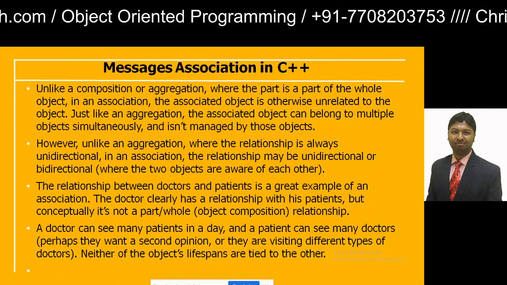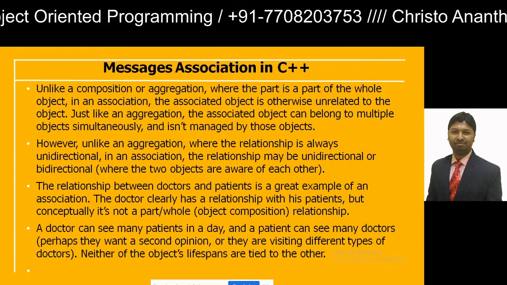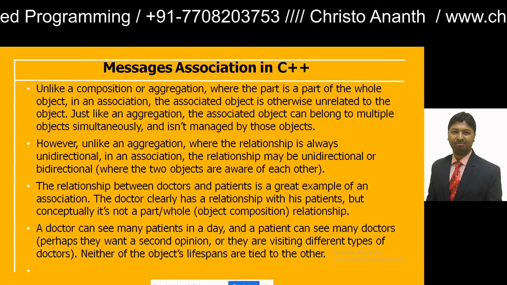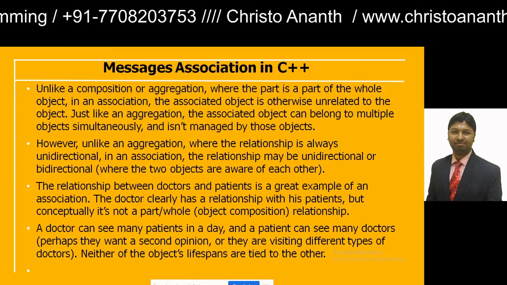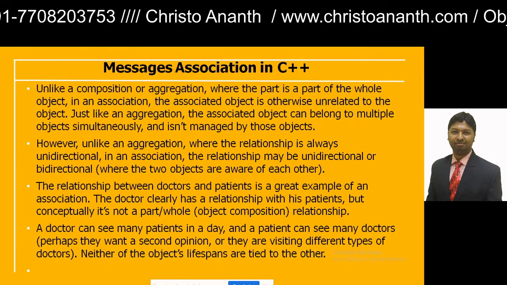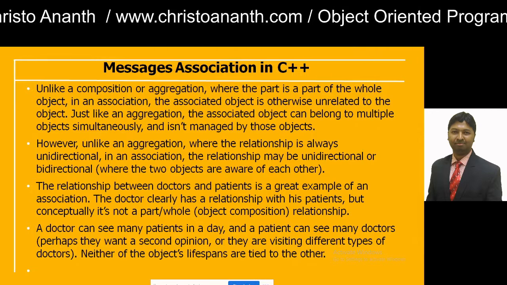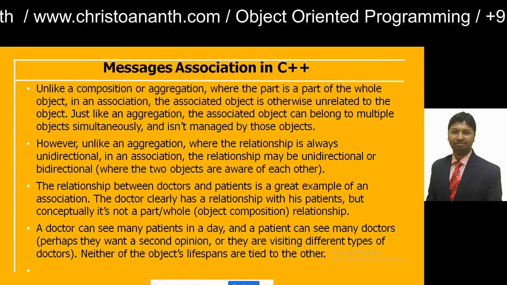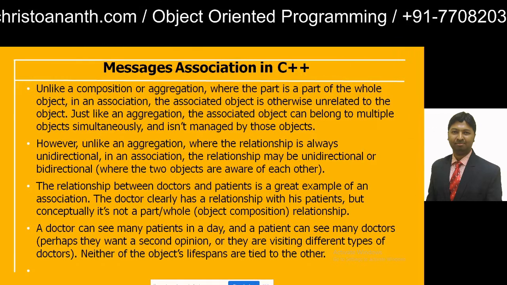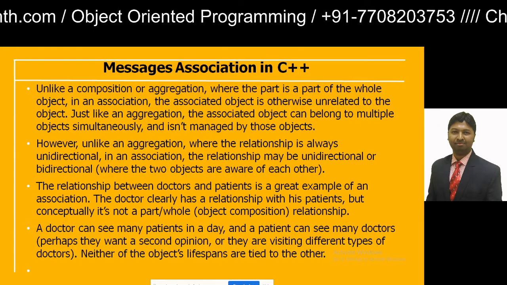Unlike composition or aggregation, where the associated object is considered a part of the whole object, in an association the associated object is otherwise unrelated to the object. Just like aggregation, the associated object can belong to multiple objects simultaneously, and it is not managed by those objects.